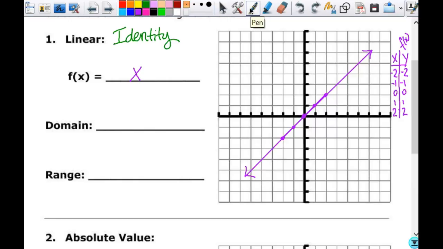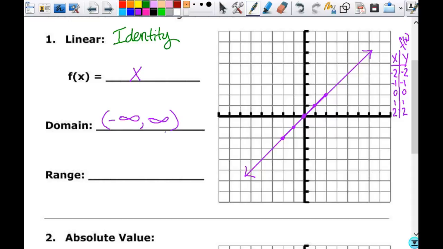What is the domain of a line? Negative infinity to infinity. Is that true for any line? No. Which lines would not have that as the domain? Huh? Line segments, yes. But which lines? There are lines that wouldn't have that domain either.